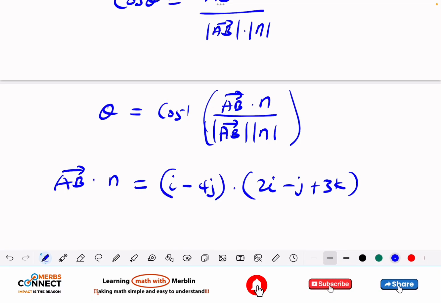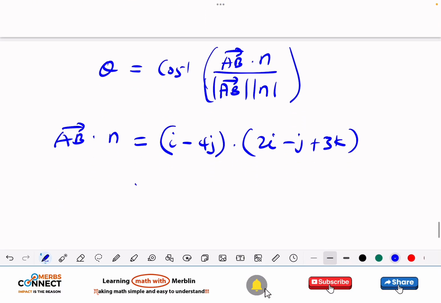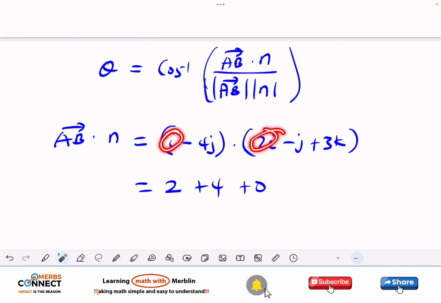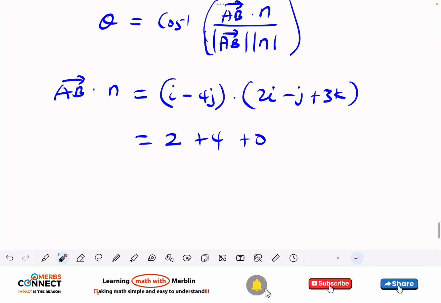Good. So that is that. Let's try and dot it. So this is going to be 2 plus 4 plus 0. So this times this, and then this times this. There is no k here, so k is 0. So 0 times this will be giving us 0. And this is giving us 6.